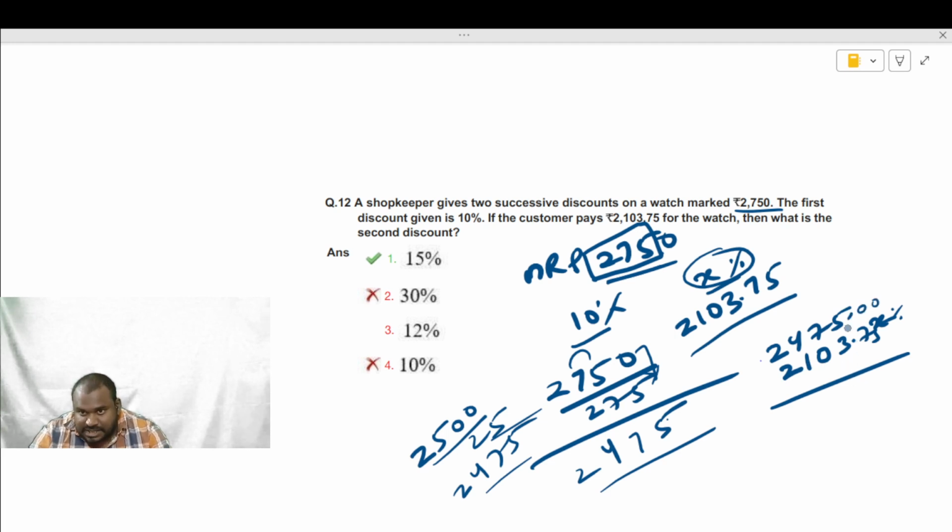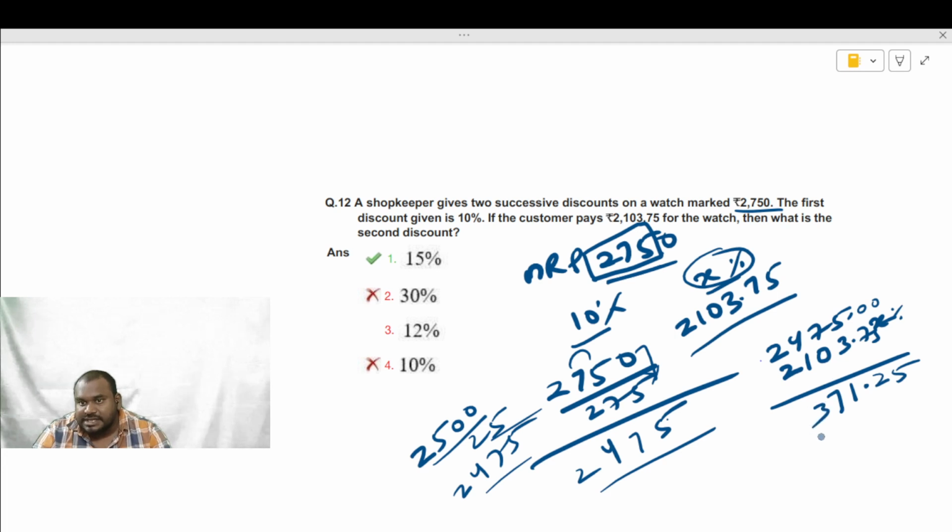From 100 I remove 75, it becomes 25. 4 minus 3 is 1, 7, and 4 minus 1 is 3.